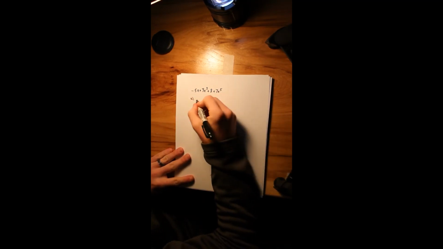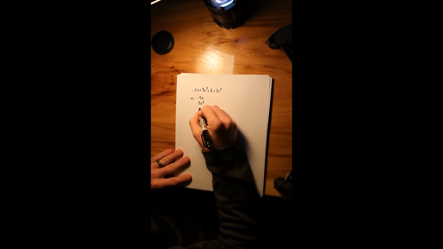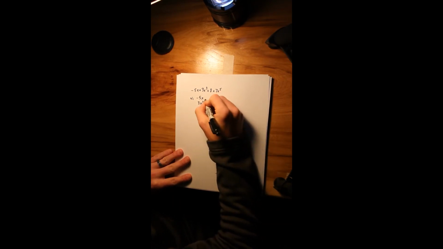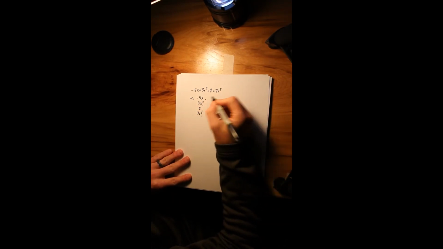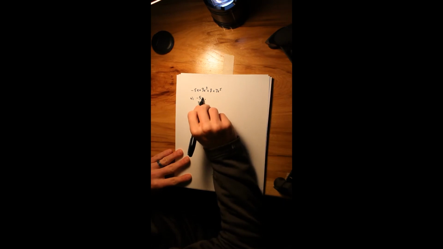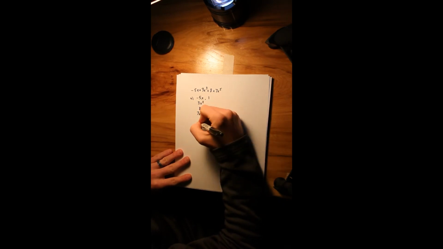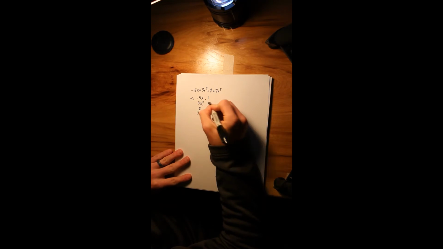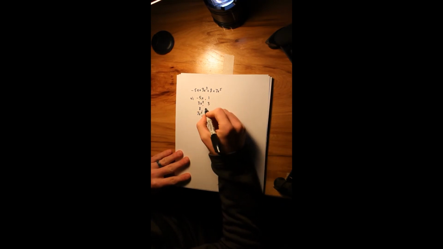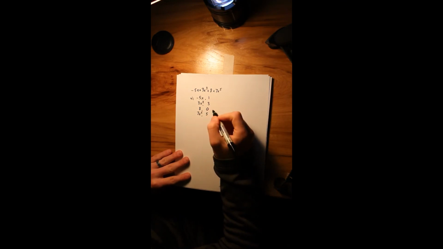I'm just going to write them in the order they're already in: negative 5x, 3x cubed, 8, 7x to the 5th. And I'm going to just separate these with a comma. What's the power or degree for this piece? Well, it's just a 1. This one is 3. Constants, remember, have a power or a degree of 0. And lastly, this one is 5.